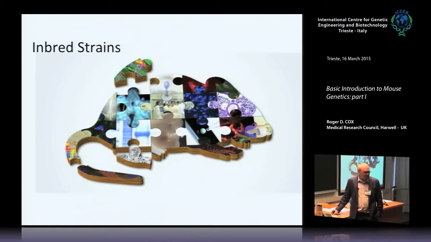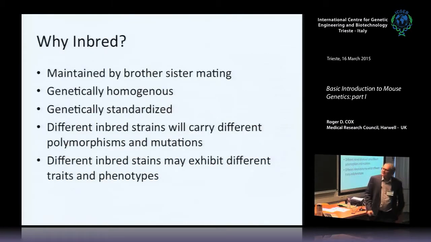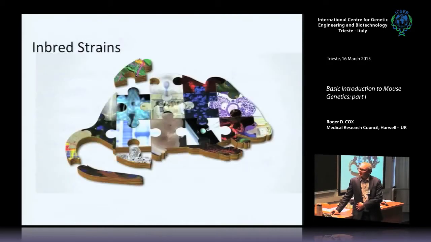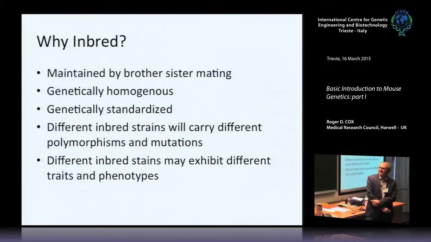So I'll come back more to the basics now, having gone a bit non-basic. So inbred strains, what are they? They're maintained by brother-sister mating. They are genetically homogeneous, so every individual should be genetically identical.